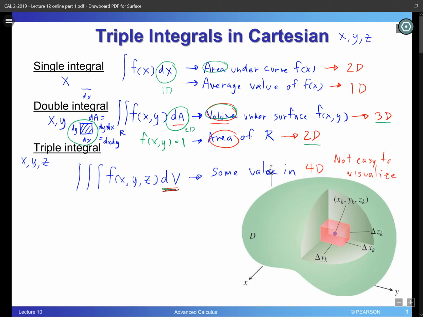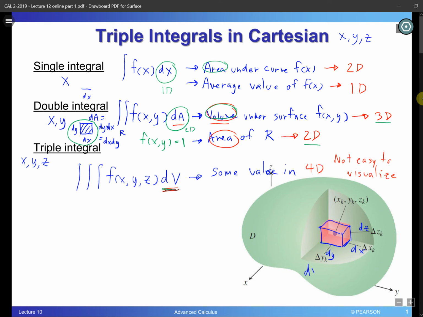So here we have dx, and we also have dy, and we have this dz, sorry. We have this height of this box, dz. So when you multiply all of them together, this becomes differential volume. This little box right here.